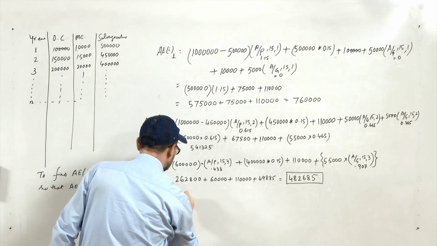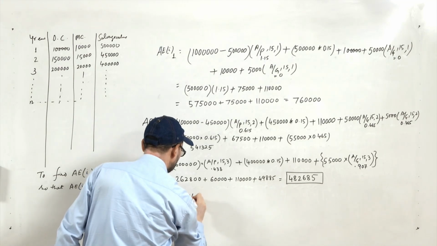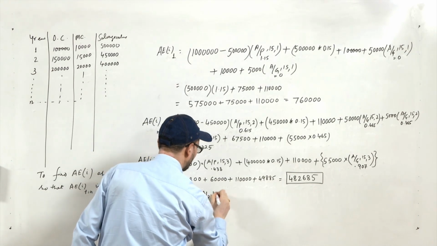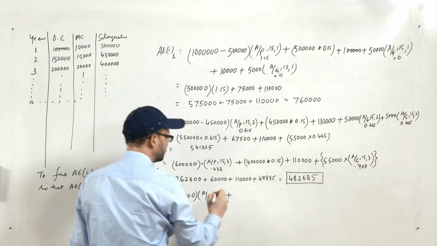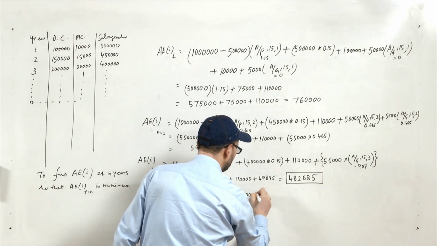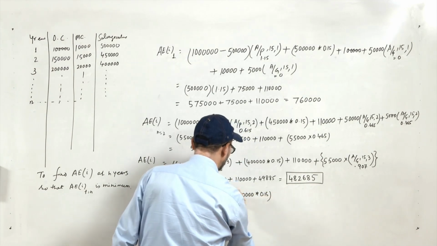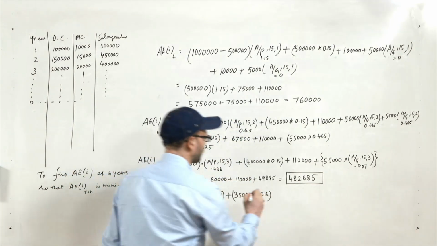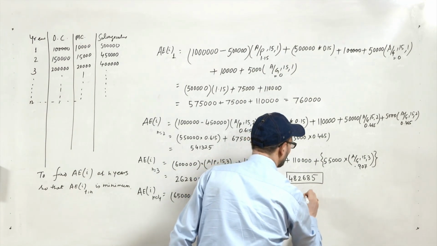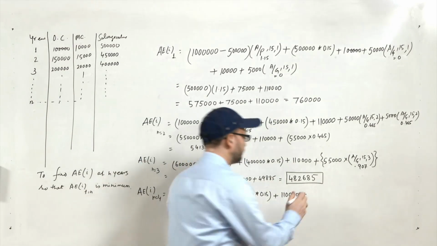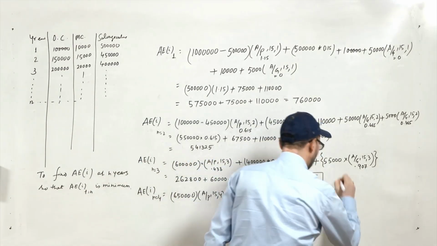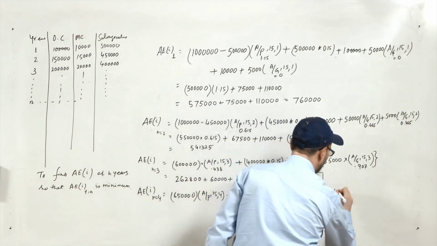So, this will be 650,000 multiplied by A by P 15.4, and your salvage value is 3,50,000, so it will be multiplied with the interest rate 0.15, plus 1,10,000 plus 55,000 multiplied by the factor A by G 15.4.